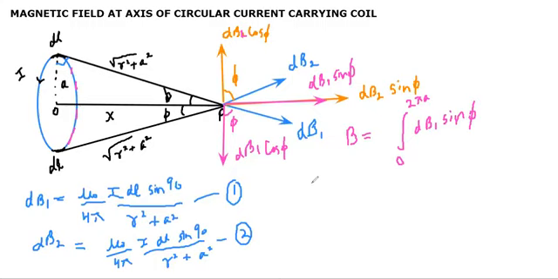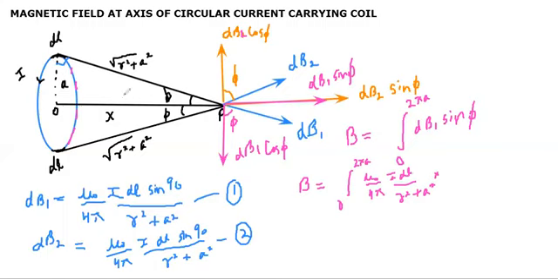I will just put the value here and solve. So B is equal to, if you put the limits 0 to 2 pi a, mu naught by 4 pi, I dl, sin 90 is 1, you don't need to write it again, over r square plus a square, into sin phi. Now you can find the value of sin phi from this triangle.